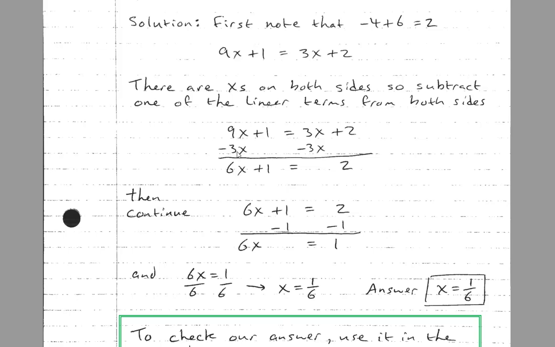Okay, so these linear terms, it's just like saying 9 apples minus 3 apples is 6 apples. 9 of anything minus 3 of the same thing is 6 of those.